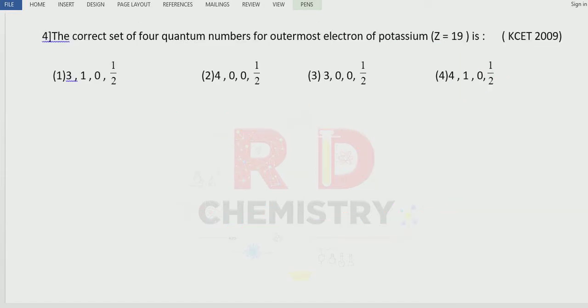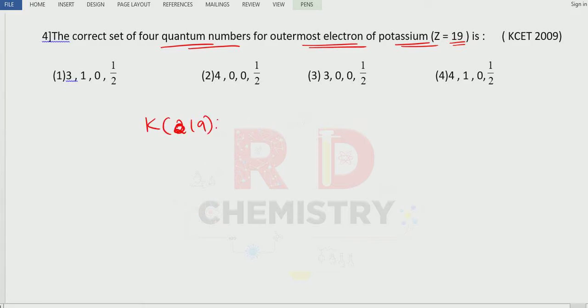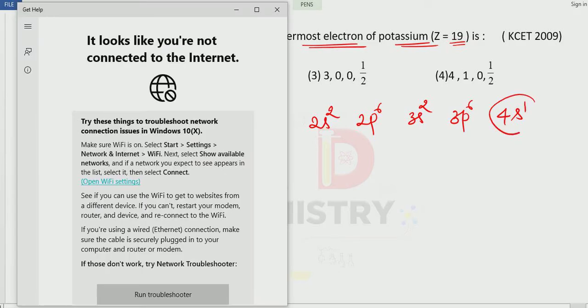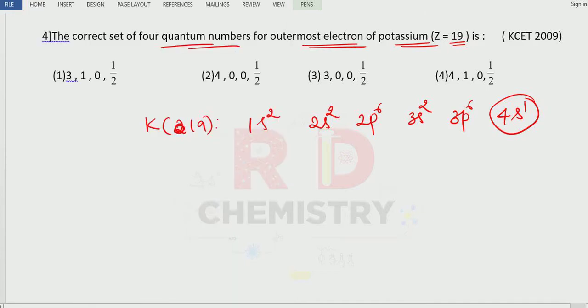Question number 4. Correct set of 4 quantum numbers for the outermost electron of potassium. The atomic number 19 is given, so 19 electrons are there. So let me start. Potassium 19 is given, right? We have 1s2, 2s2, 2p6, 3s2, 3p6. 18 are done, and 4s1 belongs to the s orbital, correct? So the last electron is here.